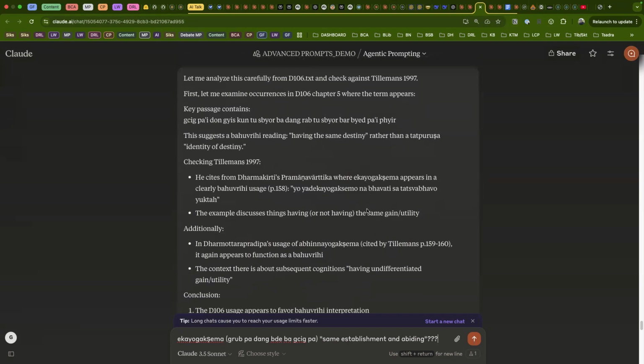And if the text we input is large enough, it gives context to a certain paragraph, because the model can go and check on different occurrences of this kind of compound and see across your source text, or maybe even across a corpus, how the compound is used. And if it makes sense to go with a tatpurusha here or bahuvrihi, for example.